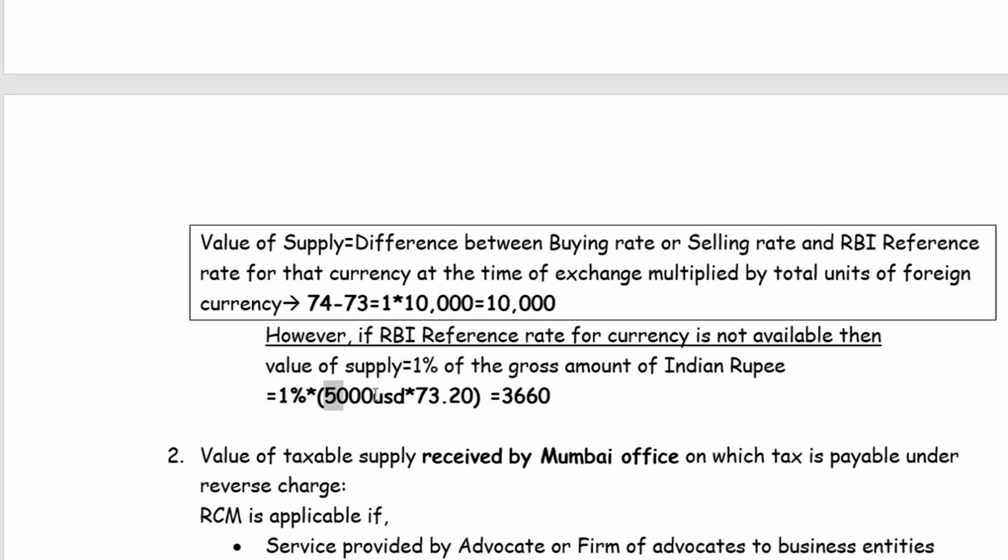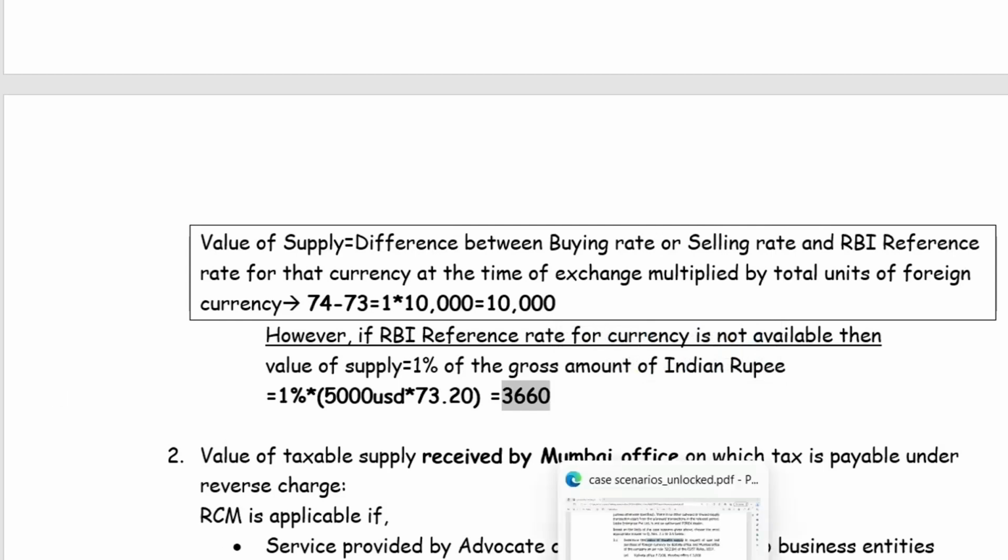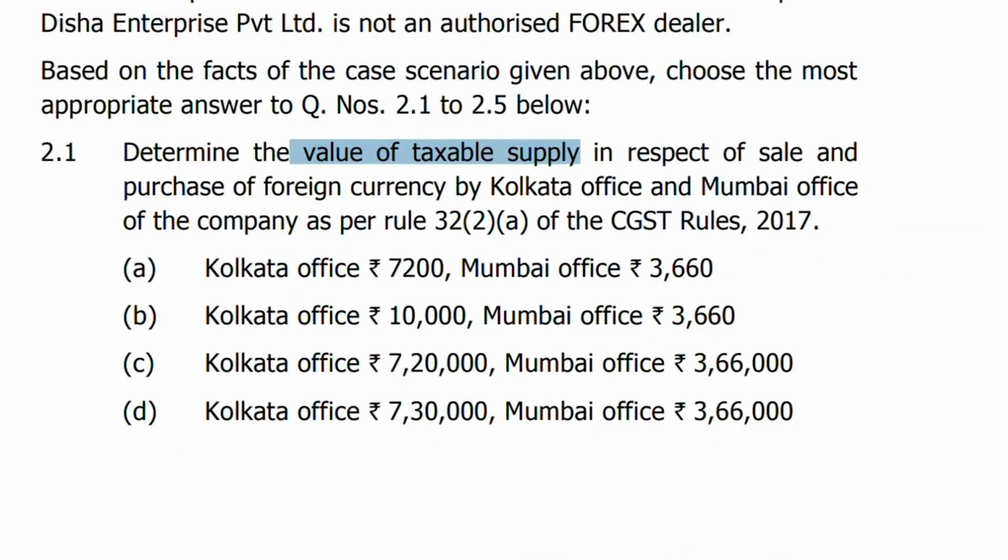That is 5,000 USD into the exchange rate, that is 73.2, into 1%. That comes to 3,660, which is the taxable value. So the answer is B, 10,000 and 3,660.